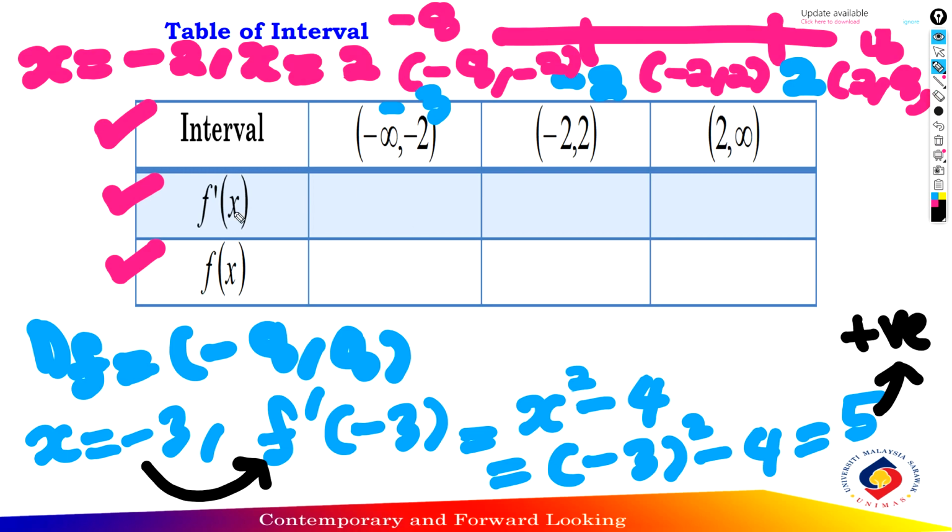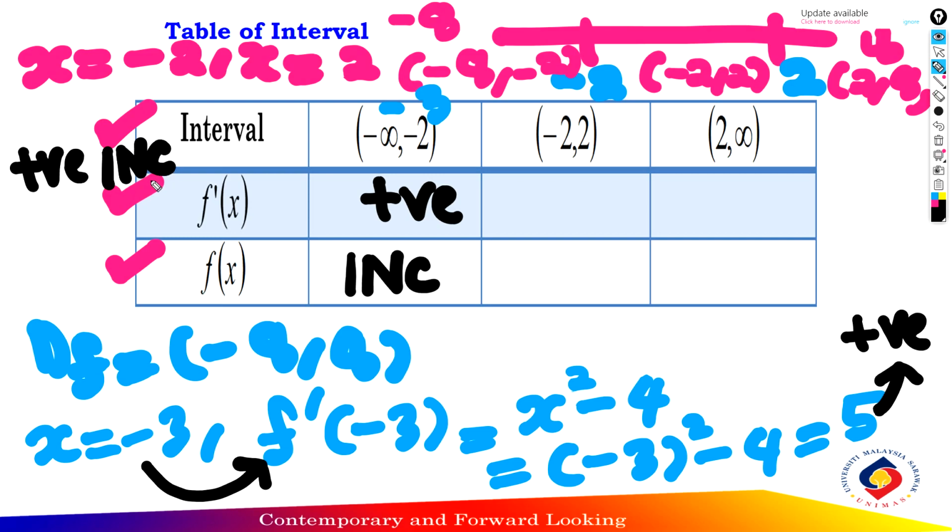Okay, so in the second row you put the positive sign, and then f(x) is increasing, you put inc. When the sign is positive, the gradient of the tangent increases, inc. When the sign of the first derivative is negative, here you put dec, decrease.